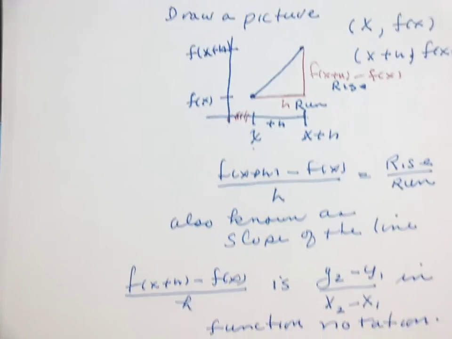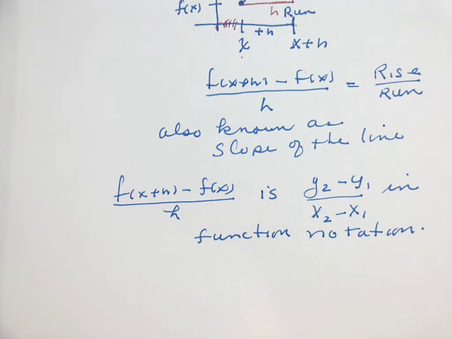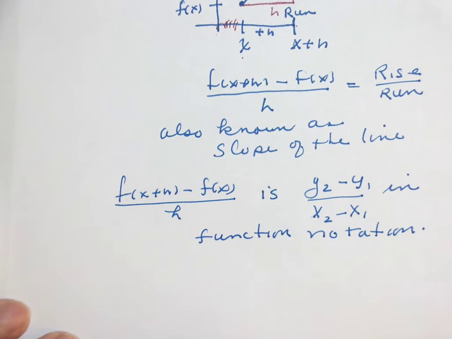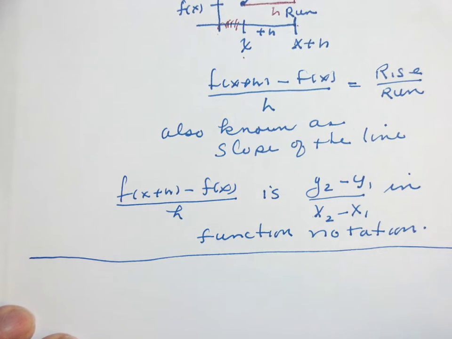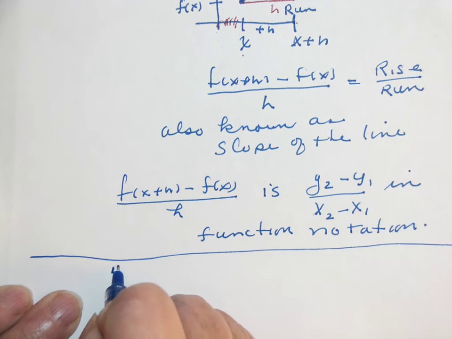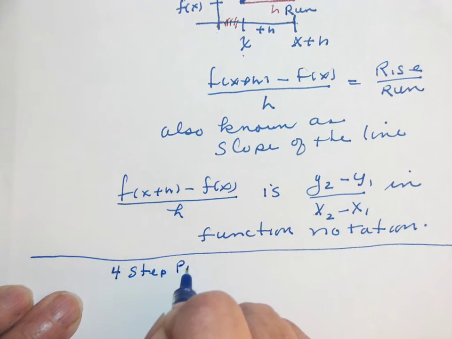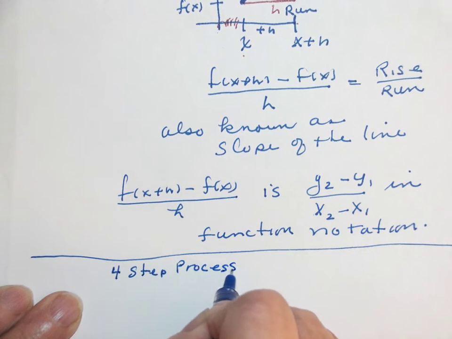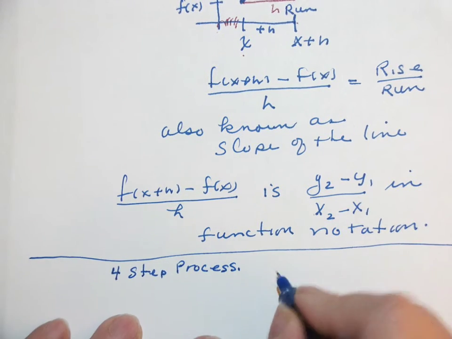So in function format. Now I like to approach this, and you don't have to do it the way I do it, in what I call the four-step process. I have to break it into four pieces. I look at the difference quotient.